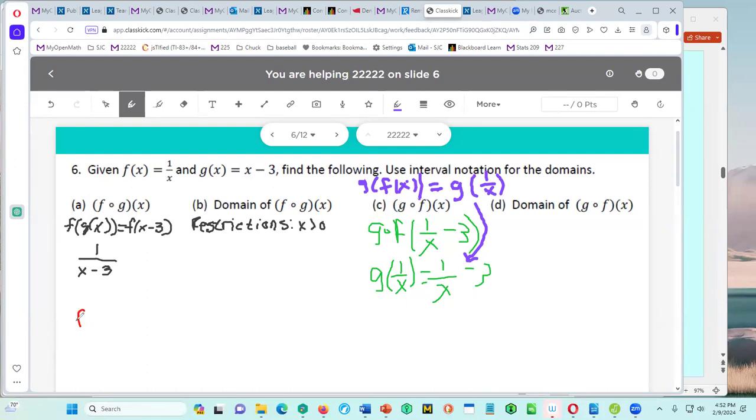Let's find f of g of 0. It's actually not a problem, because g of 0 is -3, and f of -3 is 1 over -3. So this 0 here is a perfectly good input for the composition.